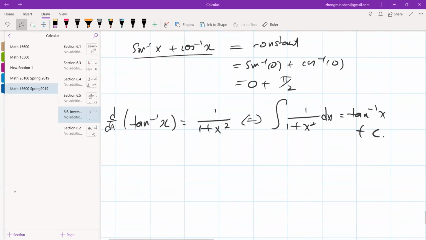I think that's the motivation to consider inverse trigonometric functions and their derivatives, because if we want to integrate 1 over 1 plus x squared, we can express that integral using the inverse function.